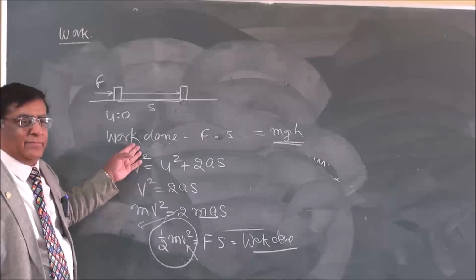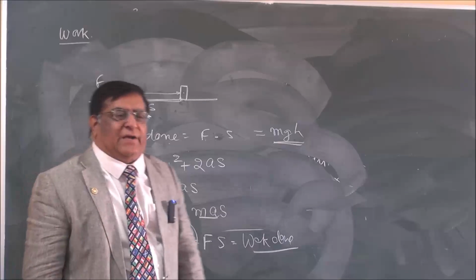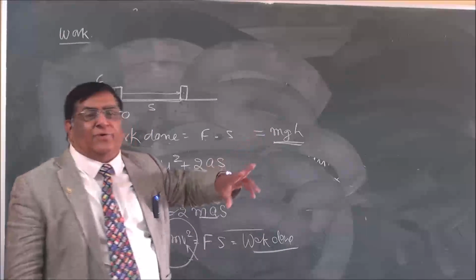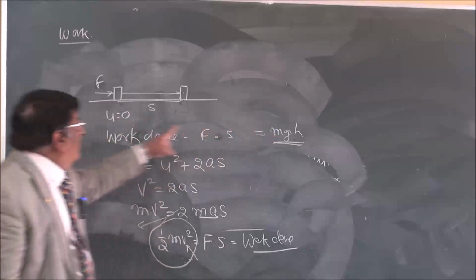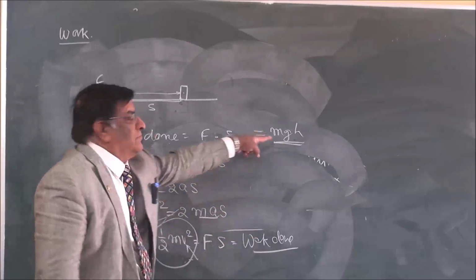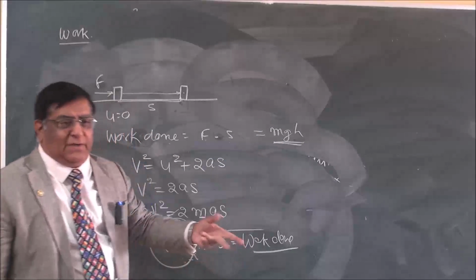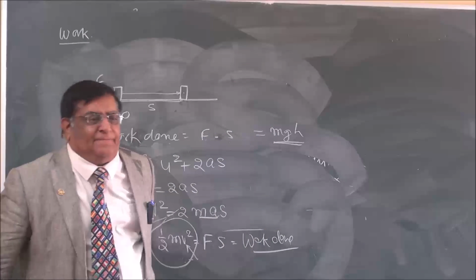Somebody has done work on it. So this is the data given to us. And now you can understand one thing very well. This can be converted to this, and this can be converted to this, right? So conversion is possible. This conversion you should remember.